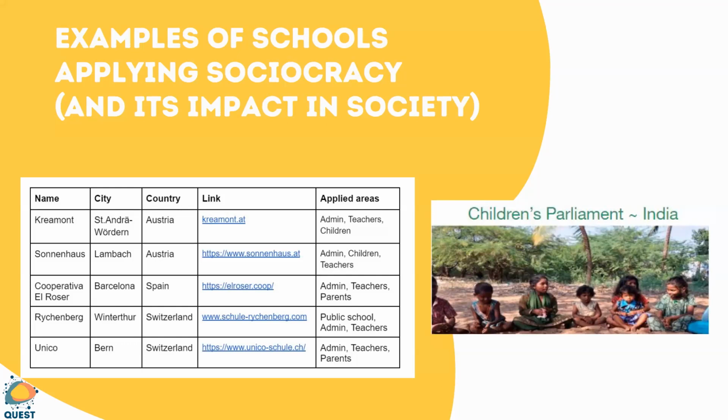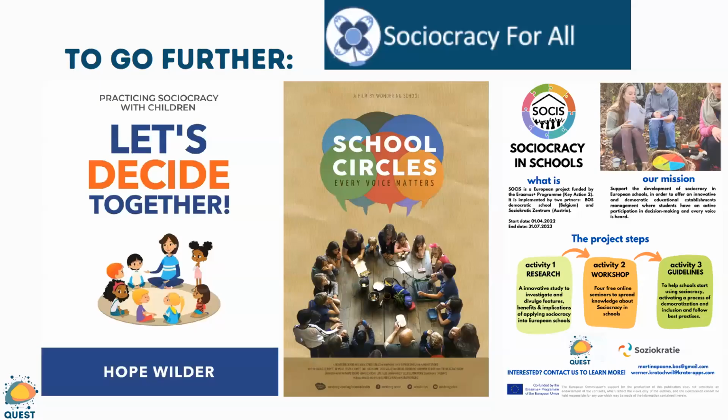I also leave you with the inspiration of the Children's Parliament in India, where in more than 10,000 neighborhoods children gather, have ministries on different sectors, and have had impact in their neighborhoods for decades now. So I leave you with the consideration of empowering children for change. That's the best way we can promote change in our society, following those examples.